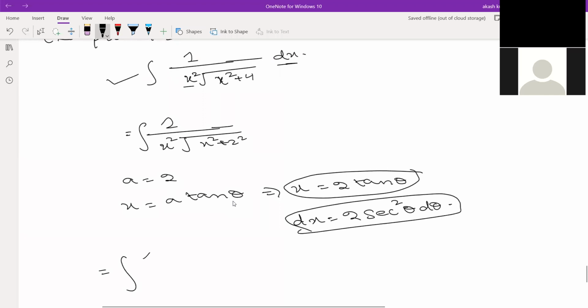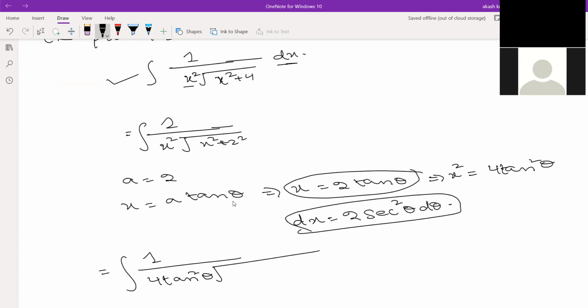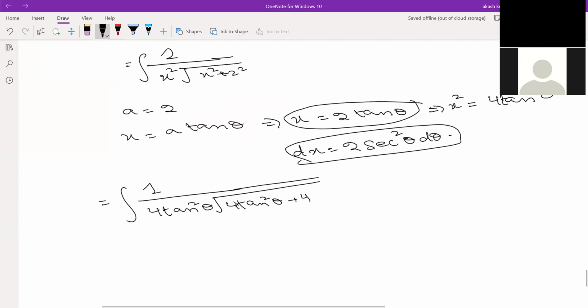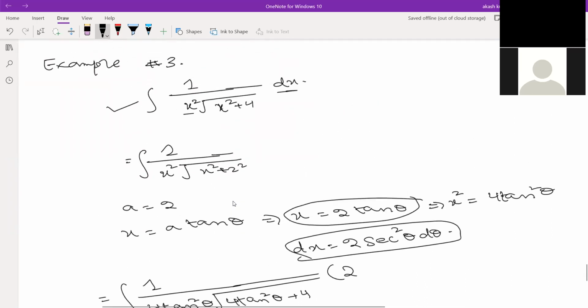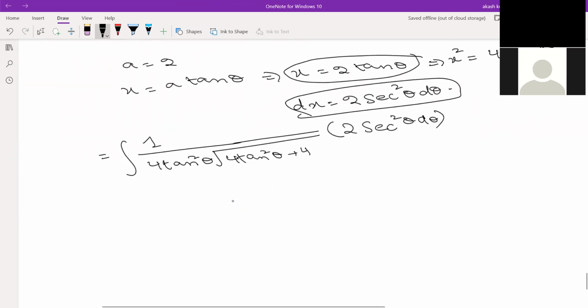So it becomes 1 over x squared, which is 4 tan squared theta, plus 4. And dx is 2 multiplied by sec squared theta d theta.